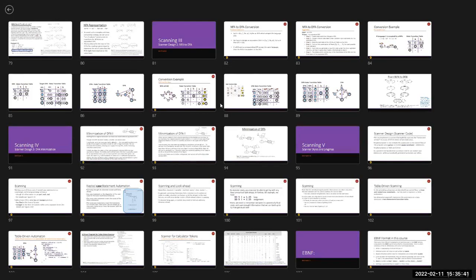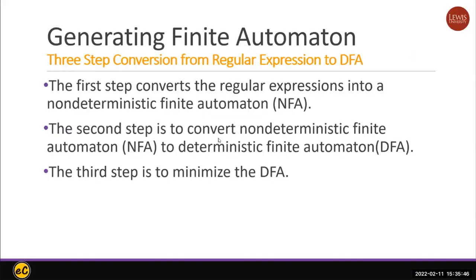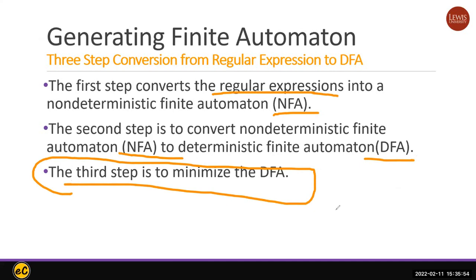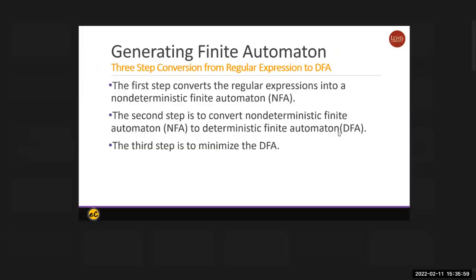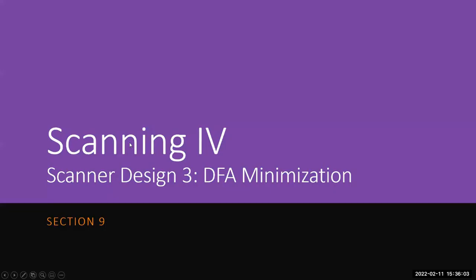So here we already finished the so-called 3-step. First step is generate the regular expression to NFA, and then NFA to DFA. Now we're going into step 3, minimizing the so-called DFA. So minimizing the DFA is from here. And then we go into scanner number 4.